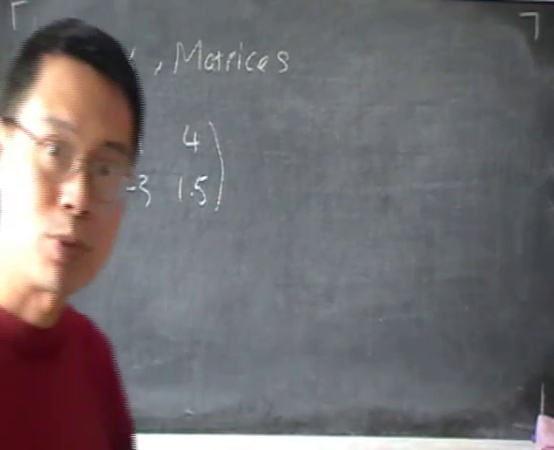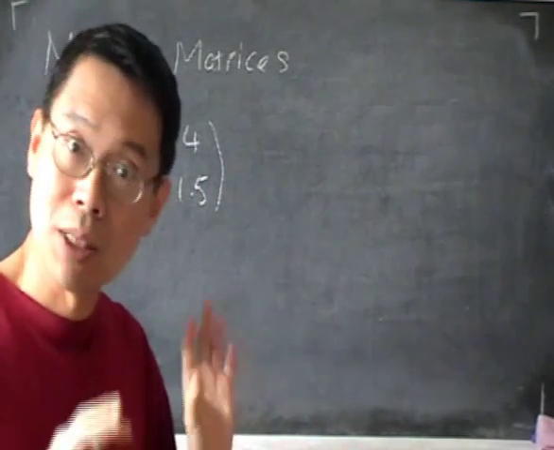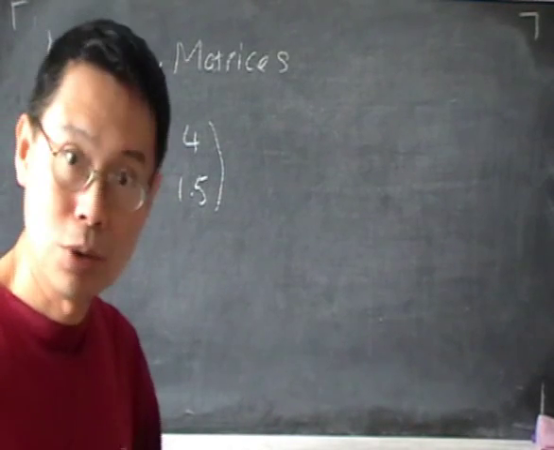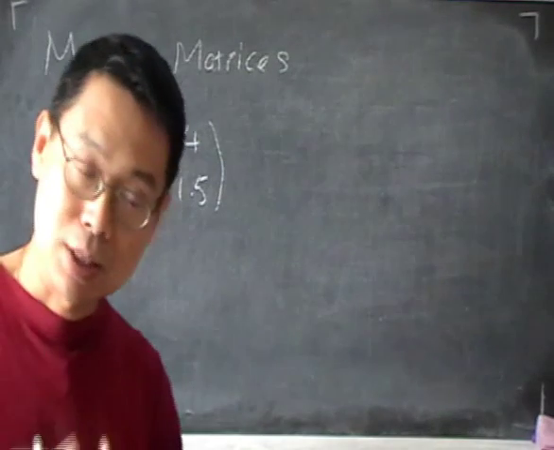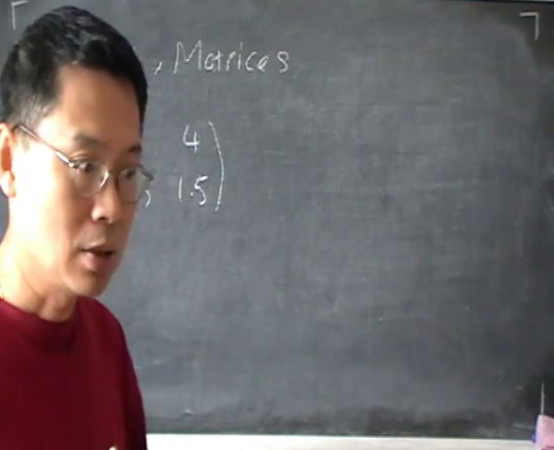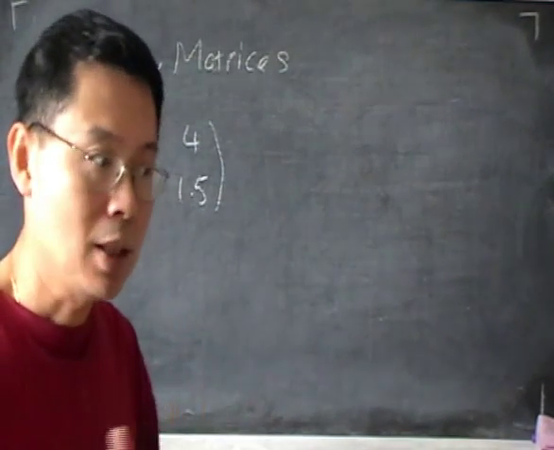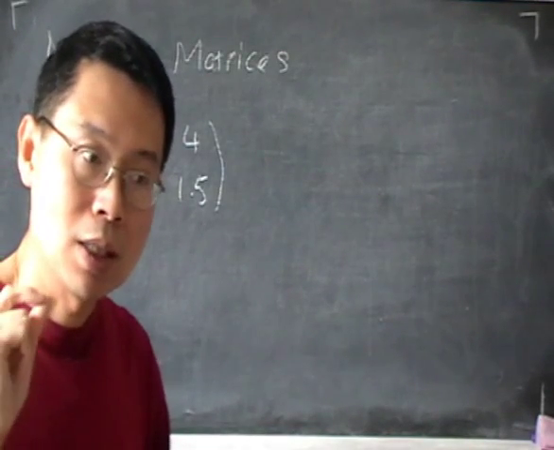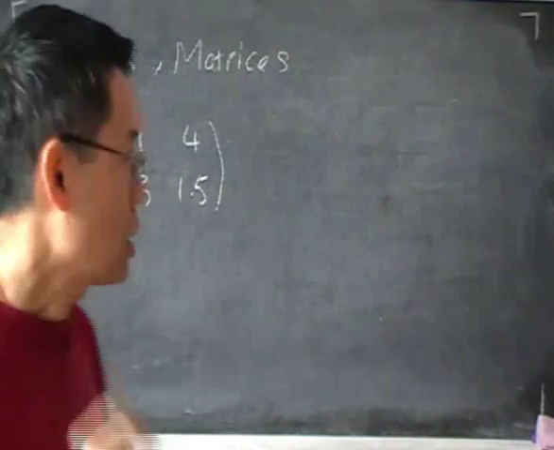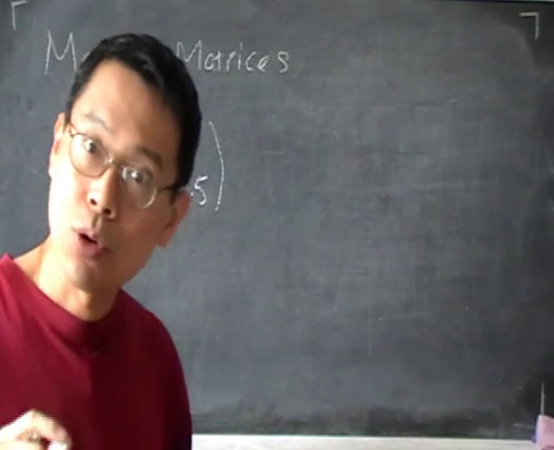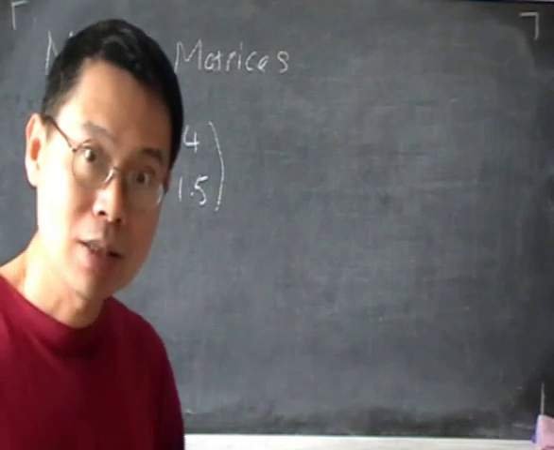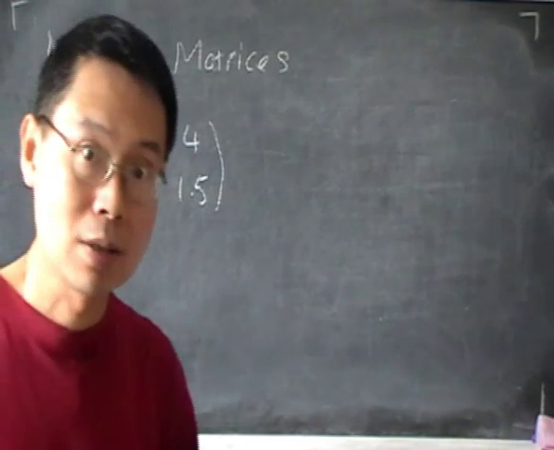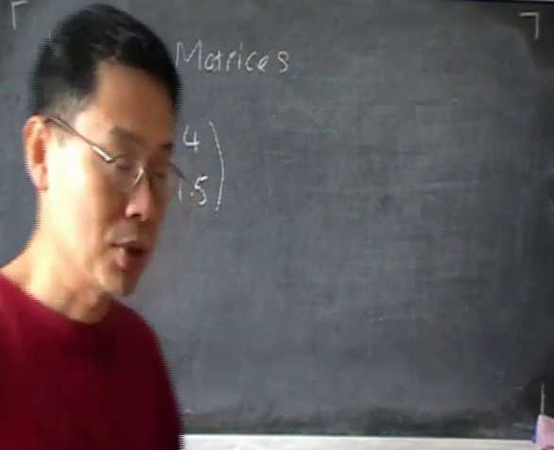But towards the end of the session, hopefully, I'll have time to explain an example where you can use a matrix to solve a simultaneous equation. That is the main use that we'll look at at O level.